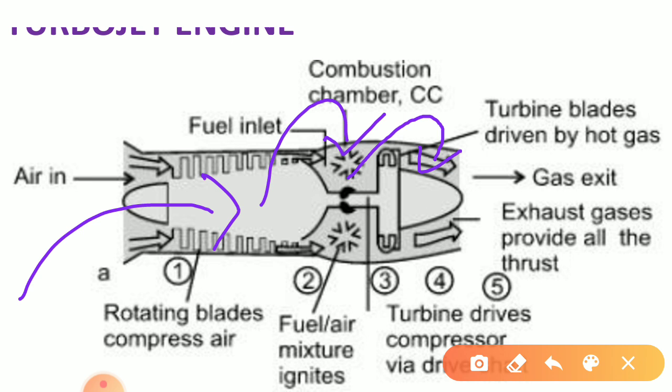The effect of that is that thrust is produced in the opposite direction. That thrust is also called the propulsive force, produced because of the exhaust gases. This thrust, produced in the opposite direction, is used to drive the unit.